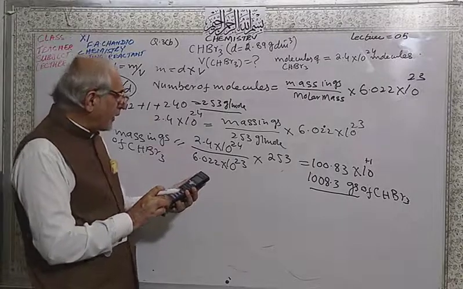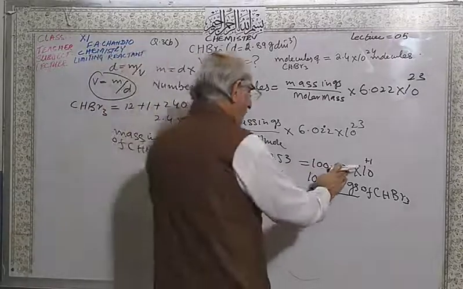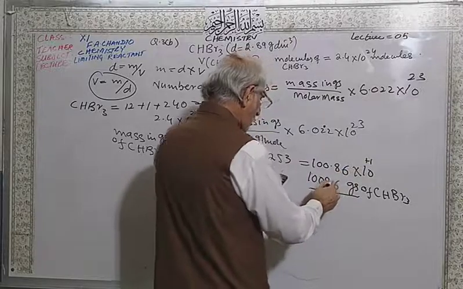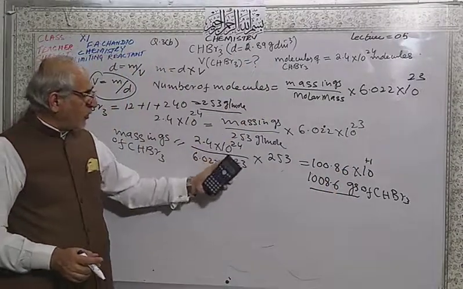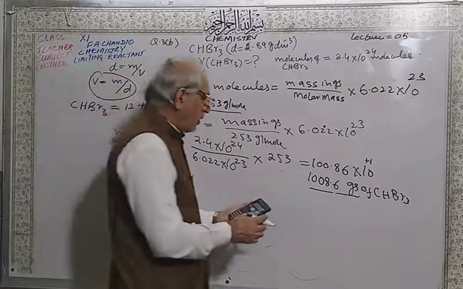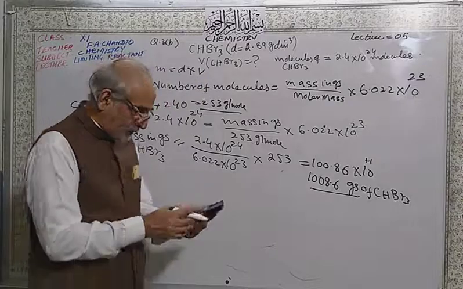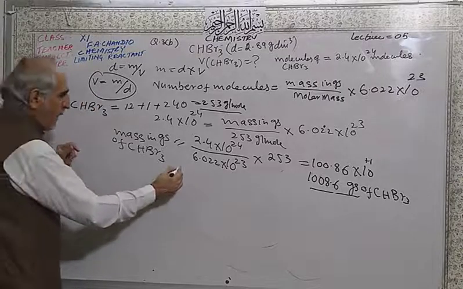You will get 100.86. Then 23, 24, this will be one more here. So this is correct: 1008.6 grams. This is correct.